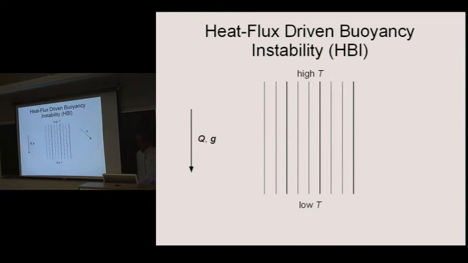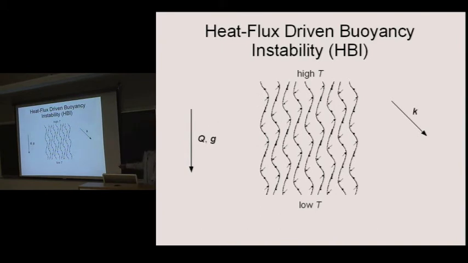So if you introduce some perturbation with a wave number that has some vertical and horizontal component, as shown here, these perturbations will bend the magnetic field lines like this. And then these bent magnetic field lines will produce temperature changes due to the divergence or convergence of the heat flux, which is due to the divergence or convergence of the magnetic field lines.